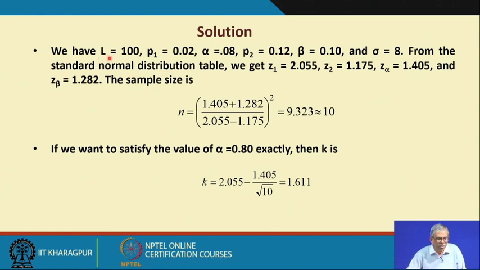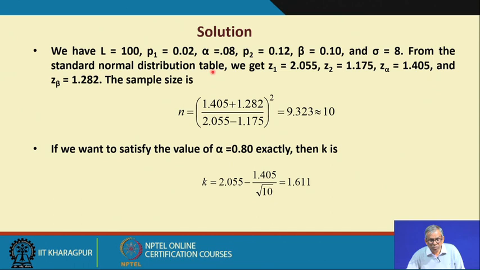So here we have L equals 100, P1 equals 0.02, alpha is 0.08, P2 is 0.12, a bad quality, 12% non-conforming. Still the value of beta is very high, that is the consumer risk is 10%, and sigma is 8.